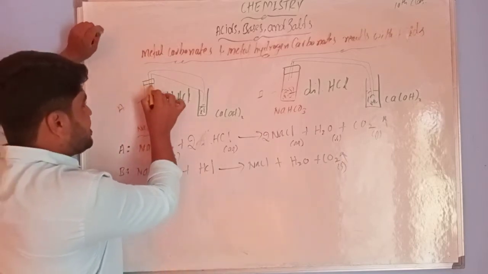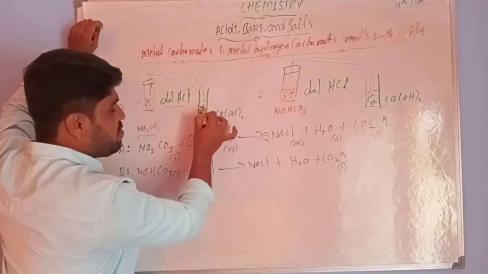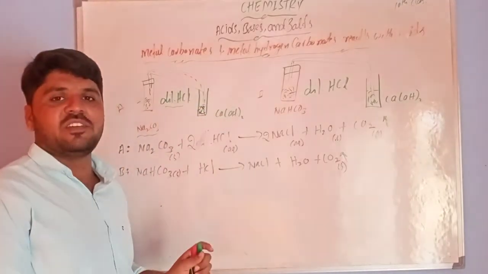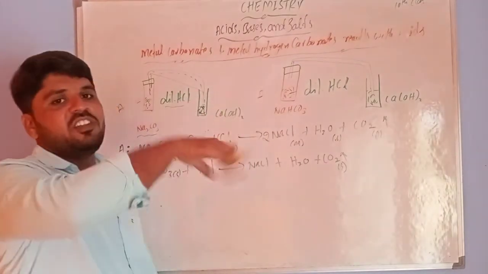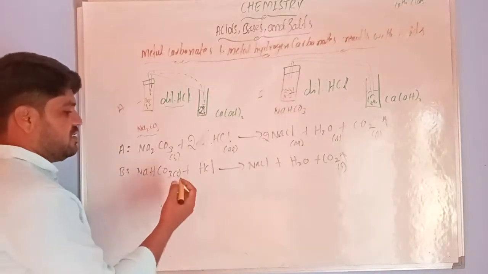If you pass the carbon dioxide into calcium hydroxide or lime water, it turns milky. The colorless solution changes into milky white. So what happens in that reaction?